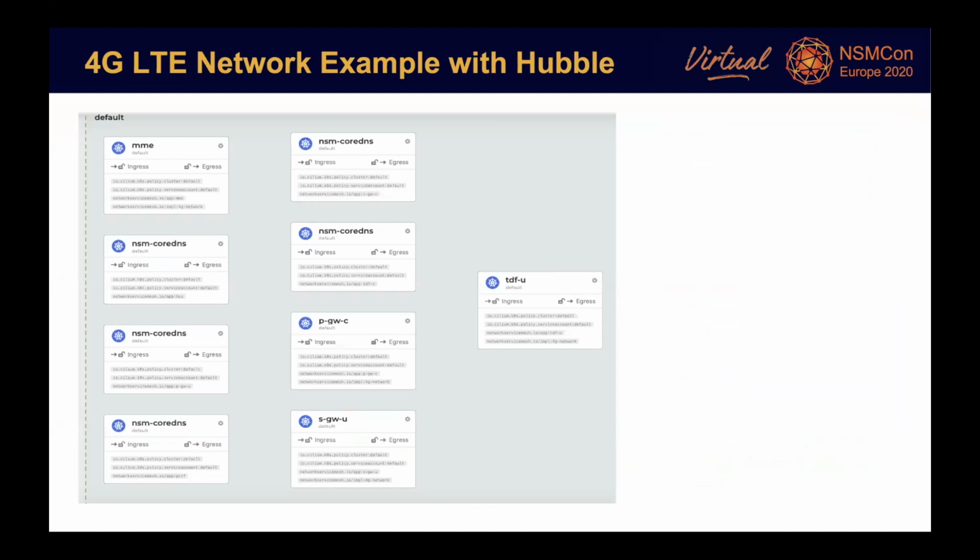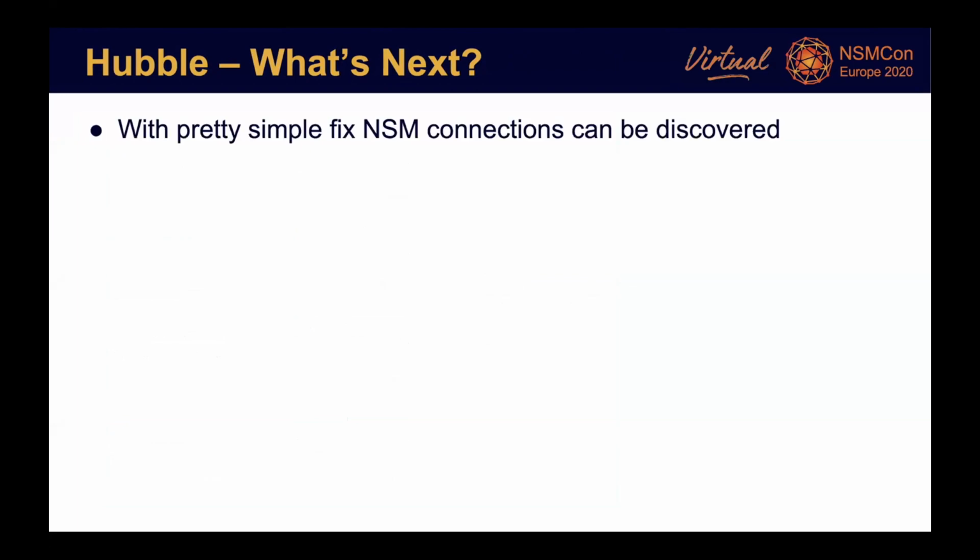Then we reached the Hubble community. We created an issue, and they pointed out how we can easily resolve that problem. So in order to have a representation with Hubble, we can have a pretty simple fix with NSM so that the connections will be recognized by Hubble.